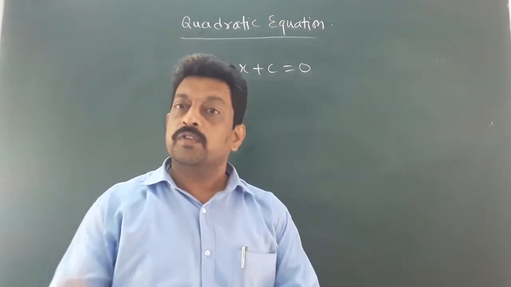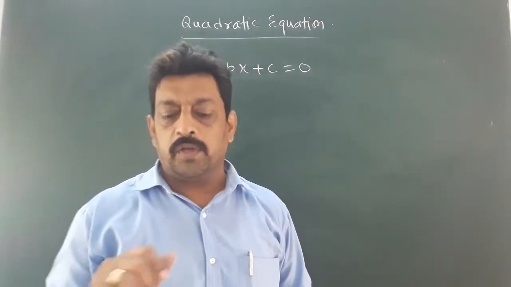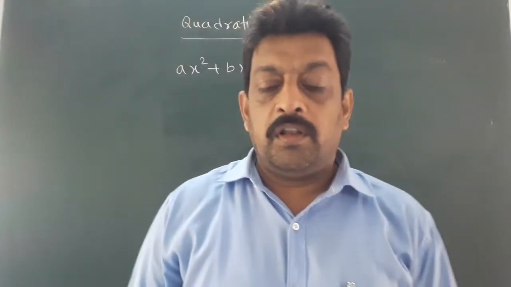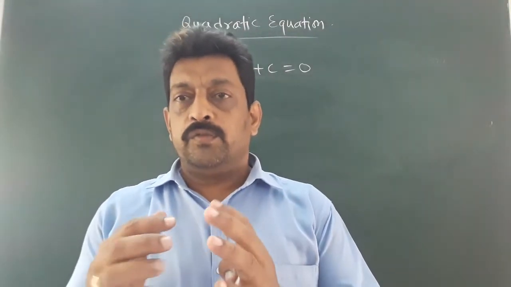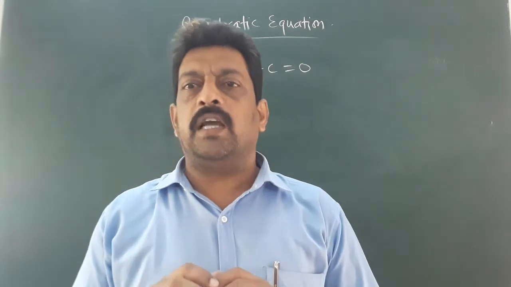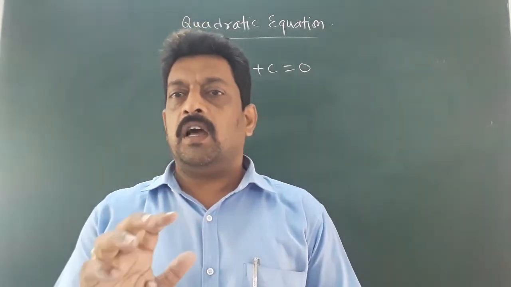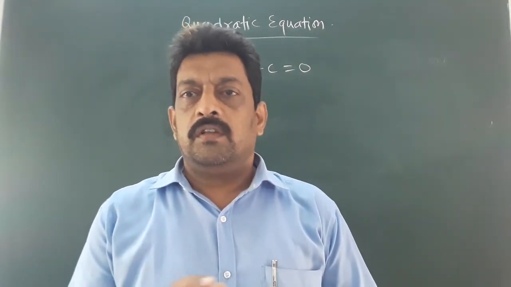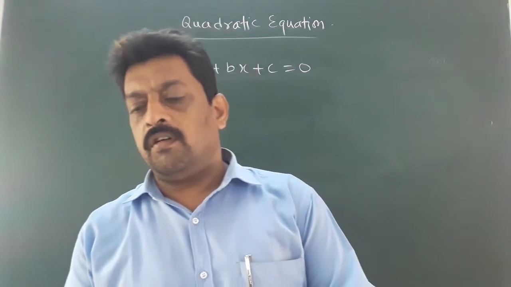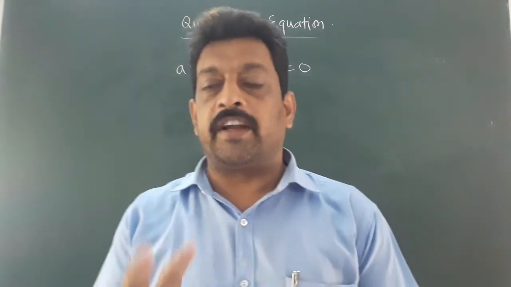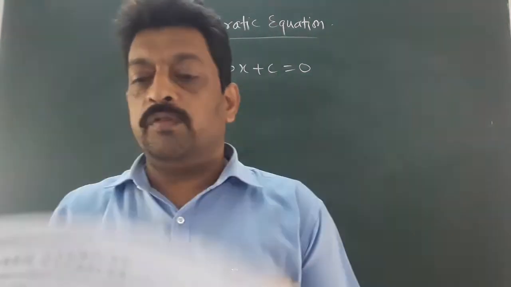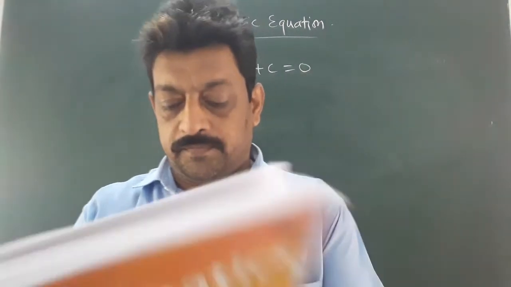Understood? The solution is known as the root. Okay. So now let me explain how to solve simple types of quadratic equations, either by using identities or just taking common factors. Here I am giving you the questions.